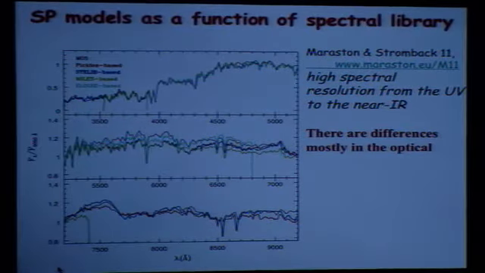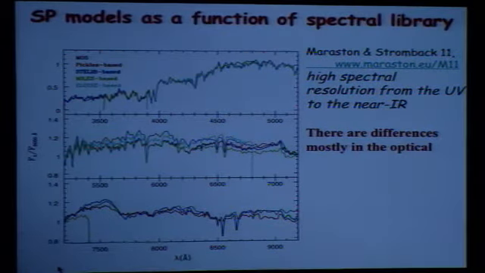And this is done in this paper, which I believe is the only one that used them all. Instead of attaching to one specific calculation, I have calculated with my code the output population model as a function of the stellar library. In this plot, this is just shown for a 12 billion year population.